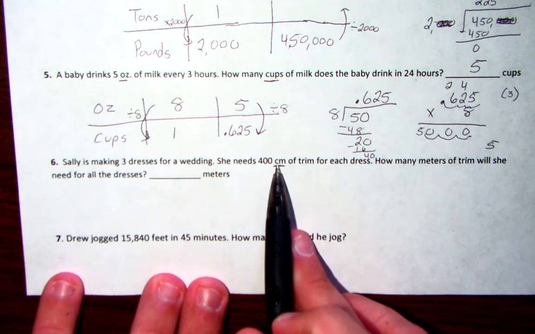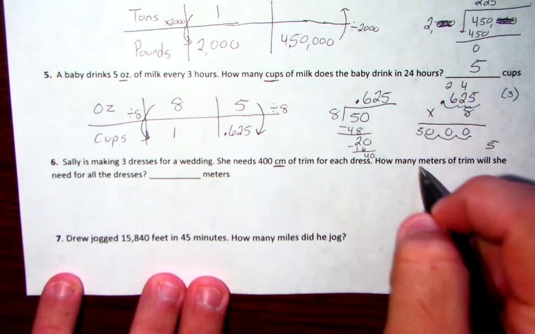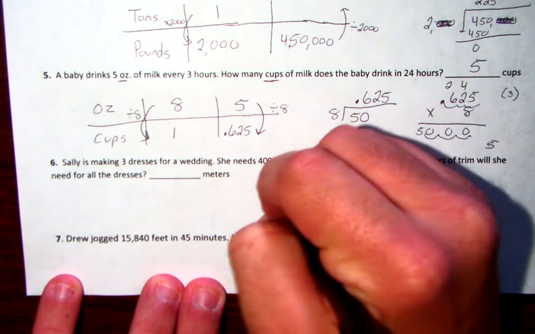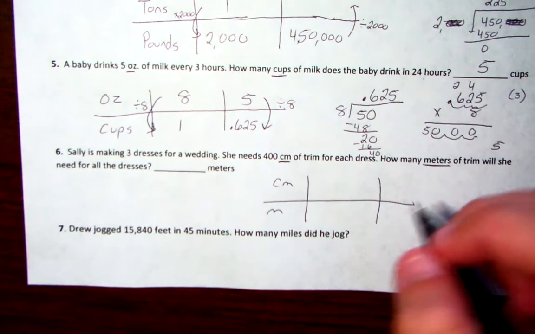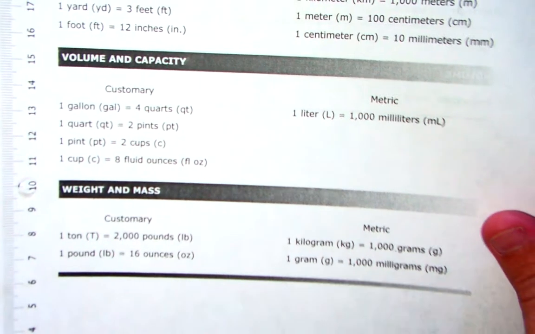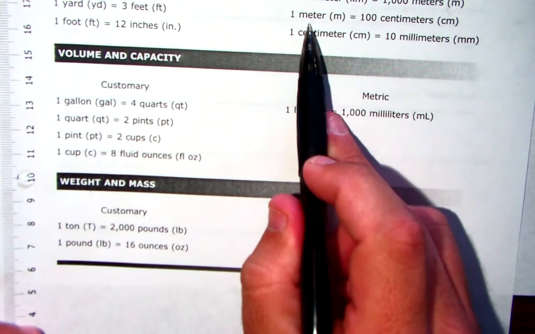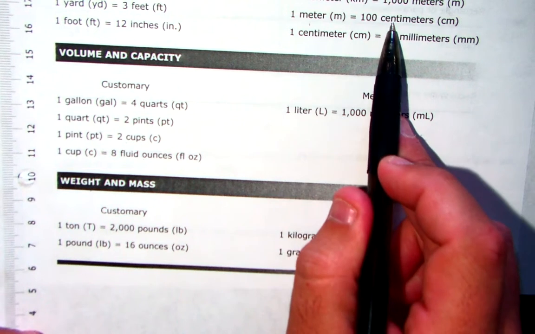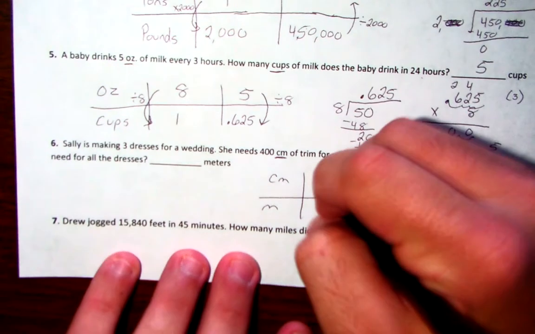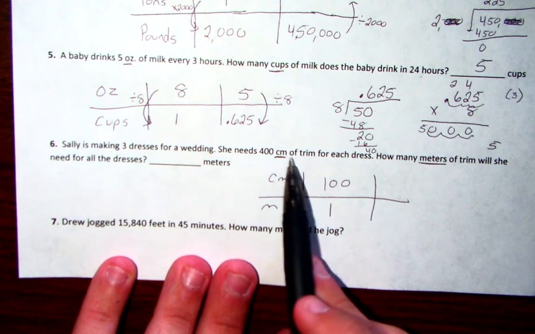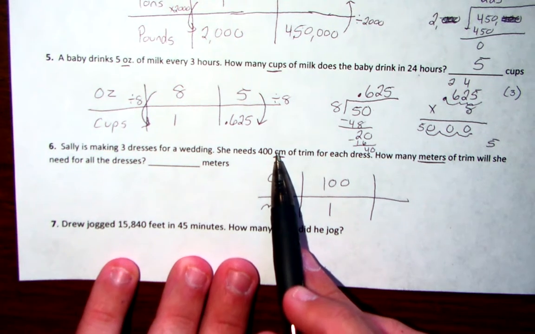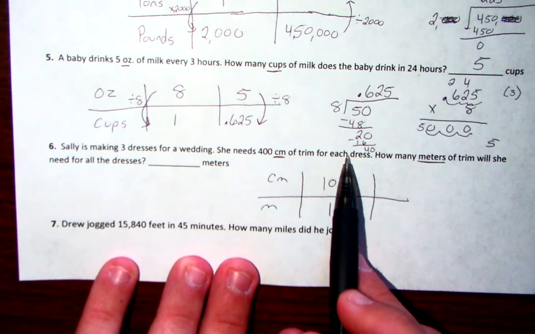You have centimeters and you have meters. So let's compare centimeters to meters. 1 meter is 100 centimeters. But she needs 400 centimeters for each dress.